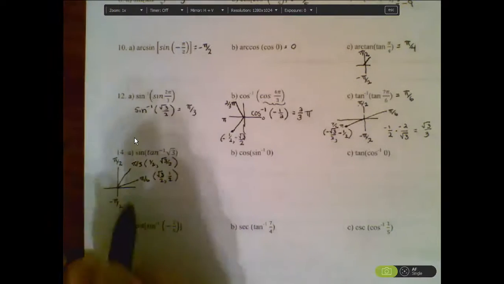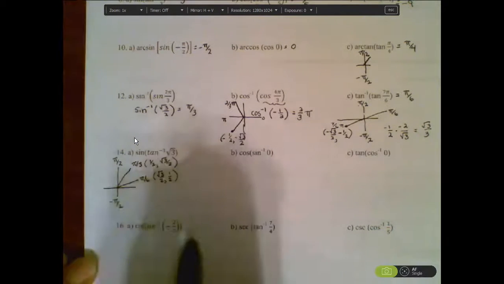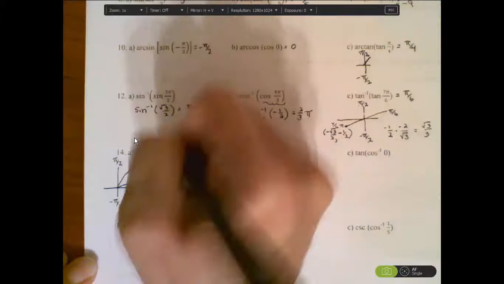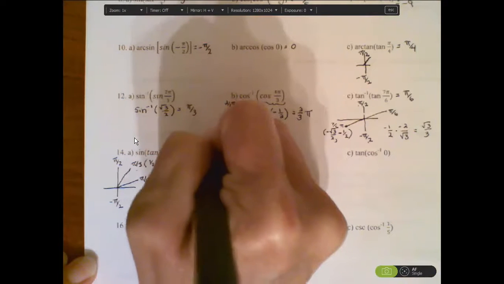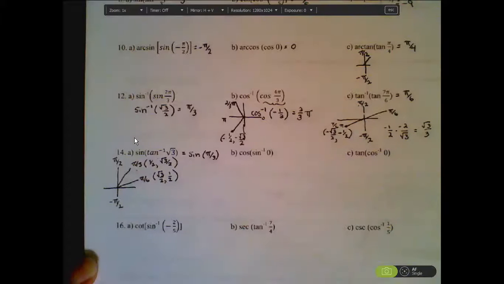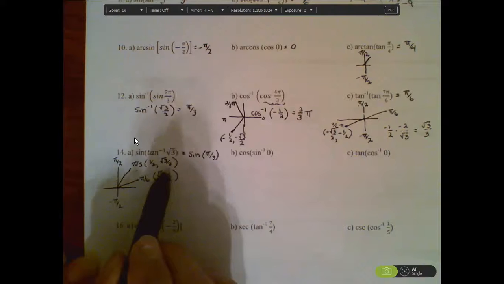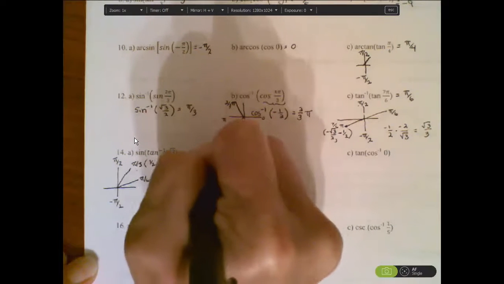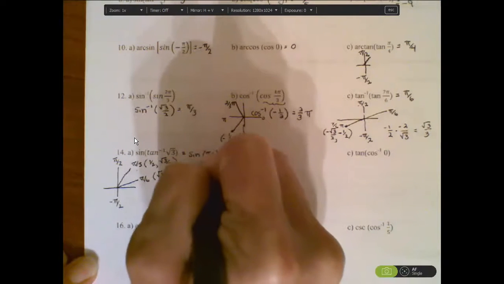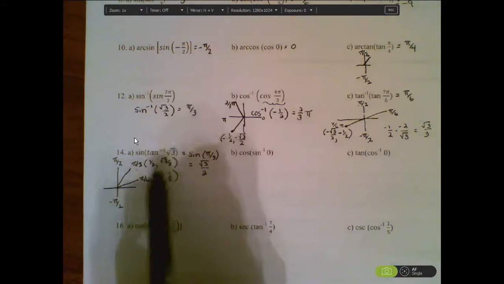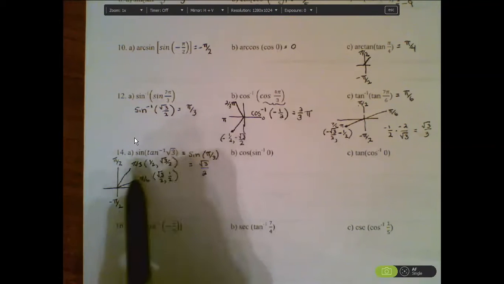So the angle whose tangent is square root of 3 is pi over 3. Then I just need to find sine of that. Sine of pi over 3 is the y coordinate at pi over 3 radians, and that's square root of 3 over 2. Again, I just had to find the angle whose tangent was square root of 3, and once I identified that angle, give the sine of that same angle.